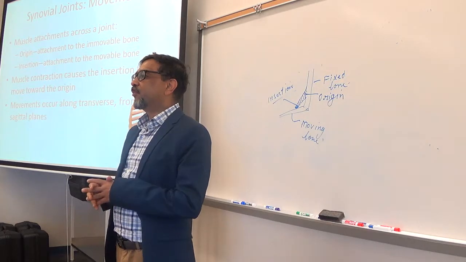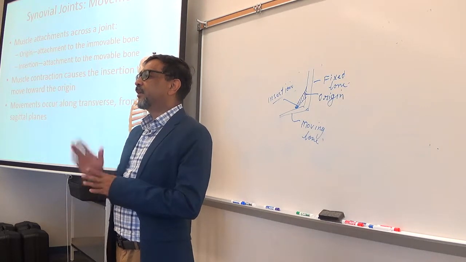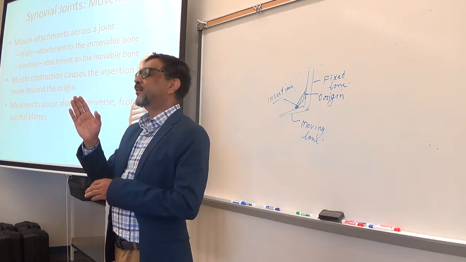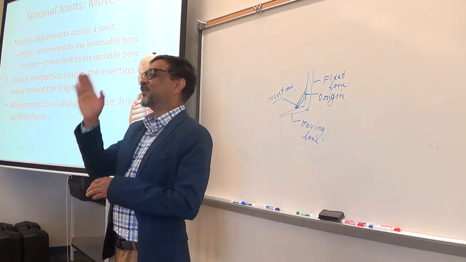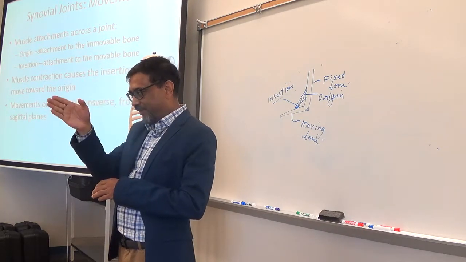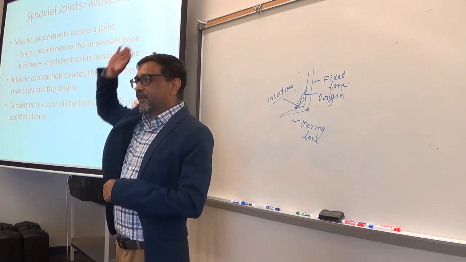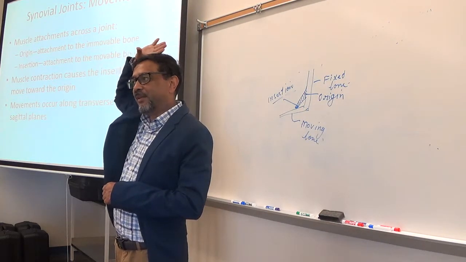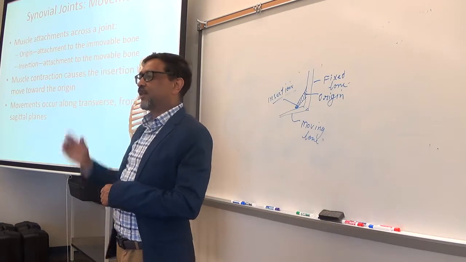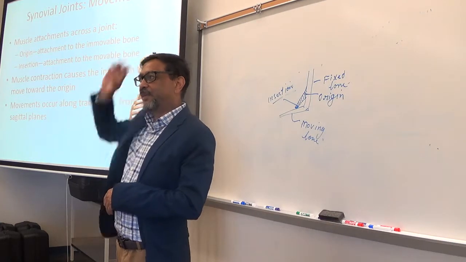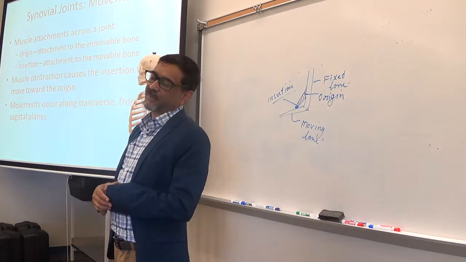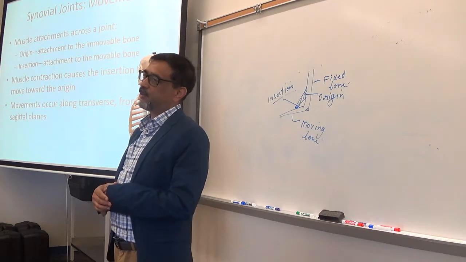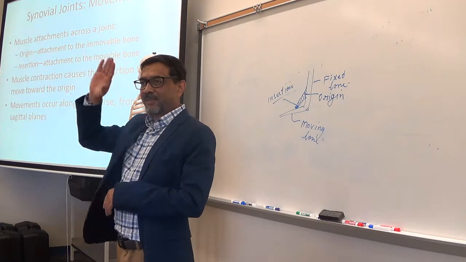I am moving my head. Sagittal. Make sense? This way. Sagittal plane. Now, this is frontal or coronal plane. Okay? So, if I move in this plane like this, this is frontal plane movement. Make sense? This way.